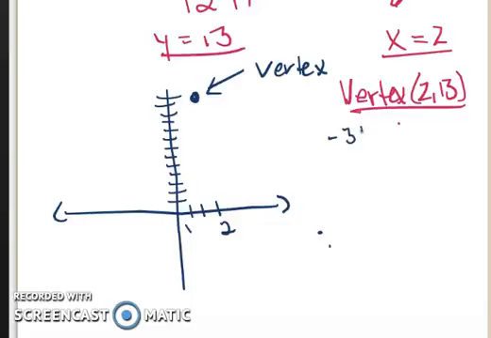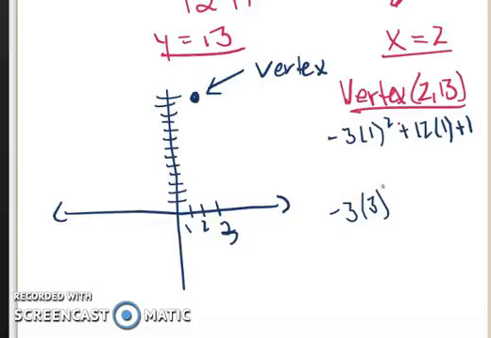We get negative 3 times 1 squared, plus 12 times 1 plus 1. Sorry, this is a 3 right here on the other side. That's 2.